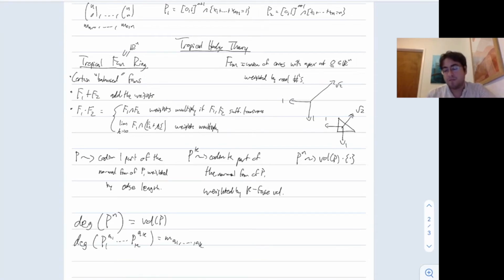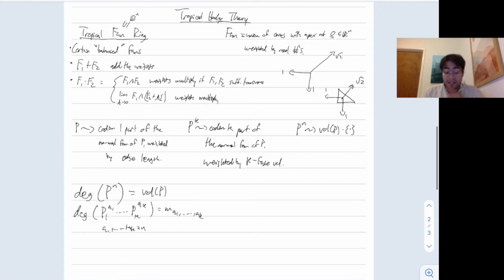So this ring perfectly encodes the mixed volumes that we wanted to understand, but in a ring theoretic way. And the fact that they had to be defined in terms of fans is just the way we have to combinatorially encode it. But really, we care about this statement, that when I take the degree of various powers of these polytopes, where these exponents add up to n, you recover the mixed volume.